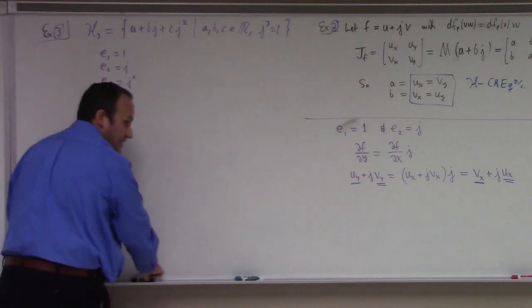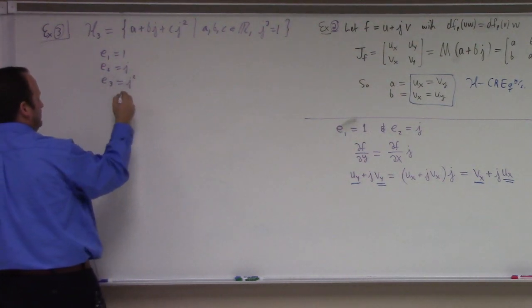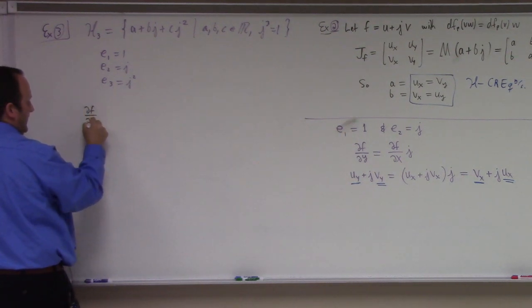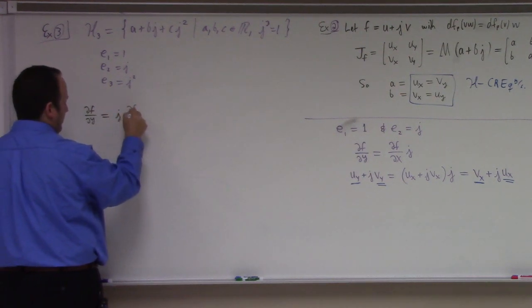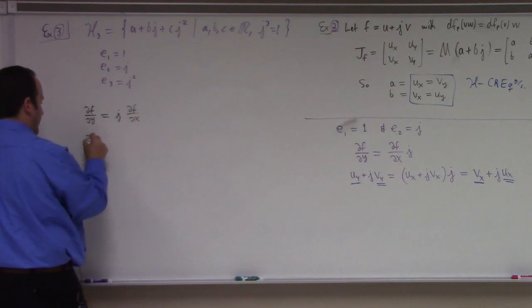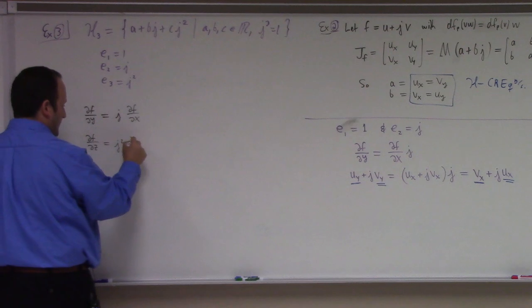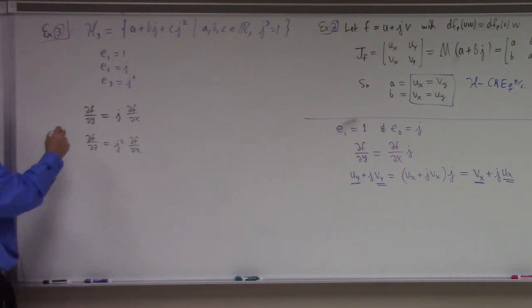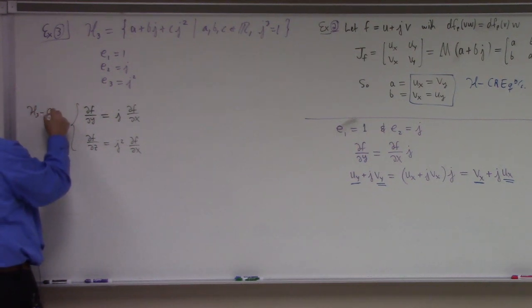How many Cauchy-Riemann equations do we have? We'd have partial f partial y equal to j times partial f partial x, and partial f partial z is j squared times partial f partial x. These would be your H3 CR equations.